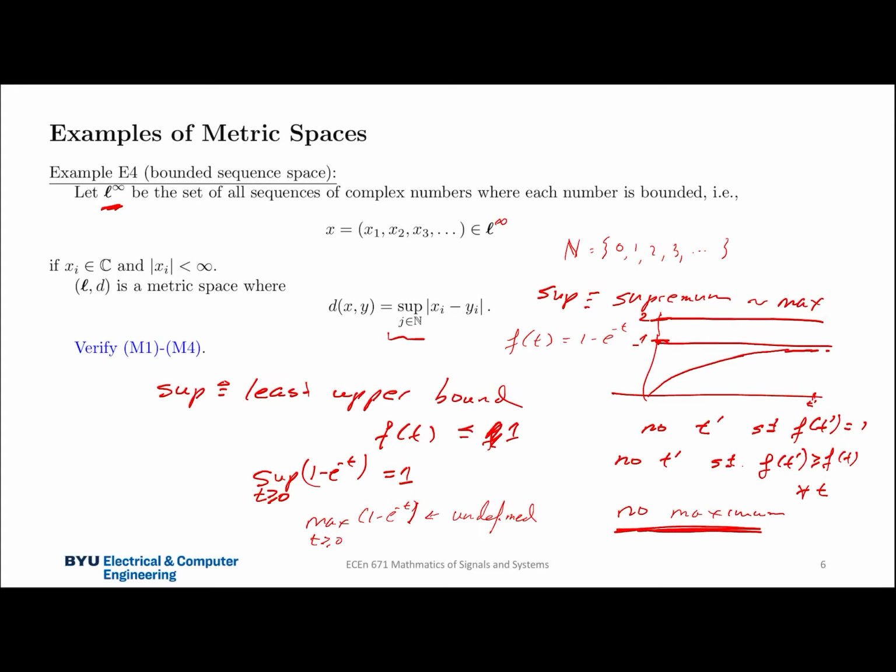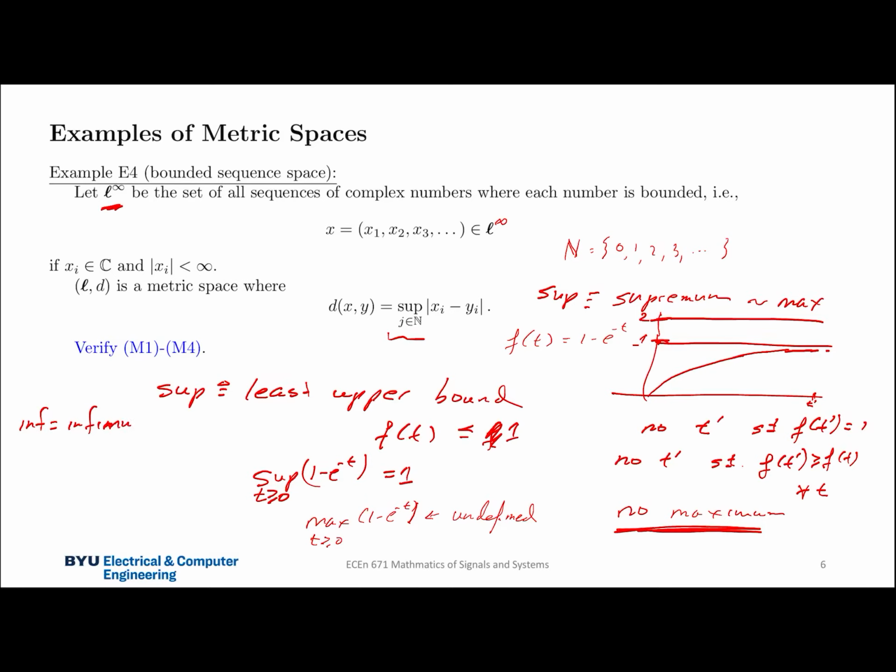And on an equivalent note, you have the infimum, which is the greatest lower bound. And this is going to be roughly equivalent to the minimum operator.